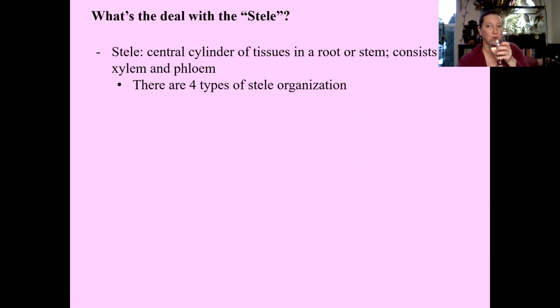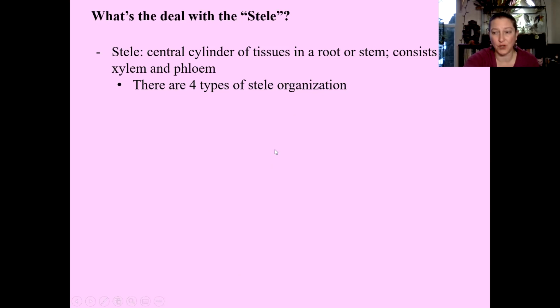What's the deal with the stele, right? The stele is a term that plant people use to describe how the xylem and phloem are arranged. How the xylem and phloem are arranged inside of the root or arranged inside of the stem.